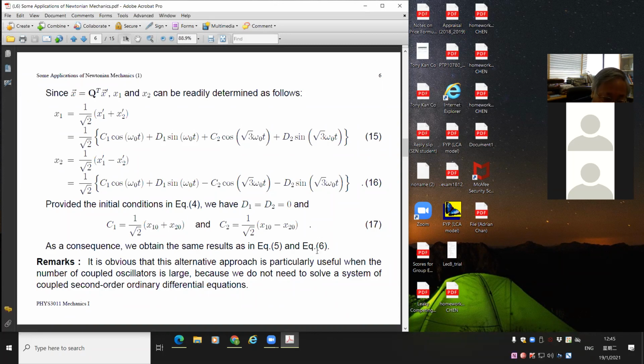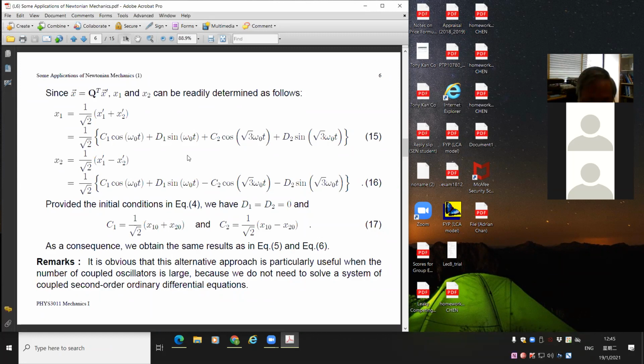just like before, okay? So it is obvious that this alternative approach is particularly useful when the number of coupled oscillators is large, because we do not need to solve a system of coupled second-order ordinary differential equations. So this approach is systematic, easy to handle, all right?